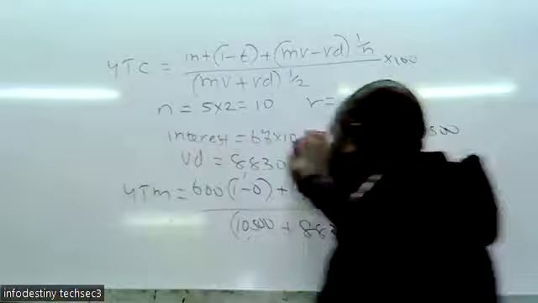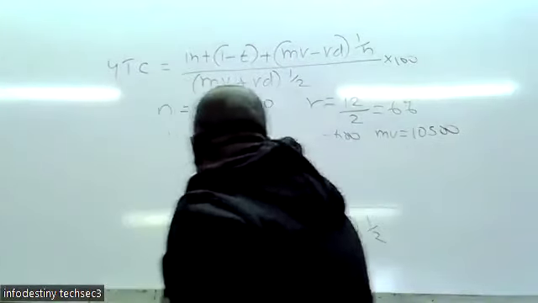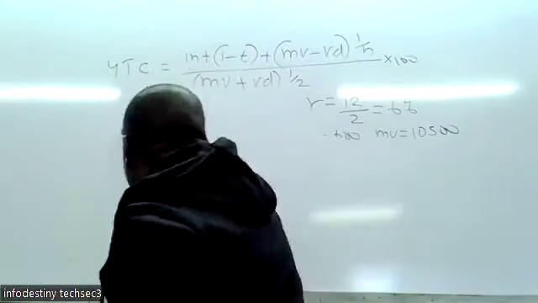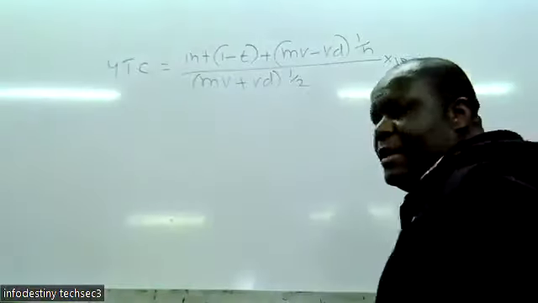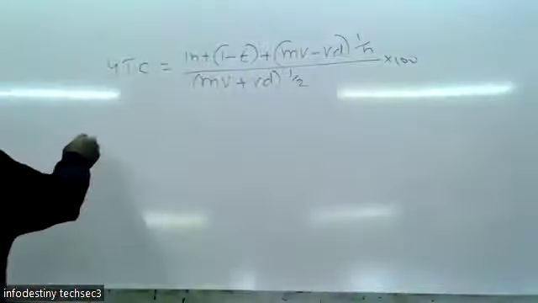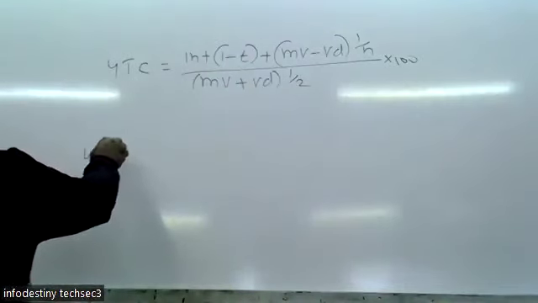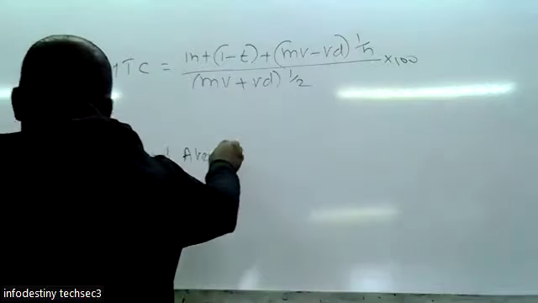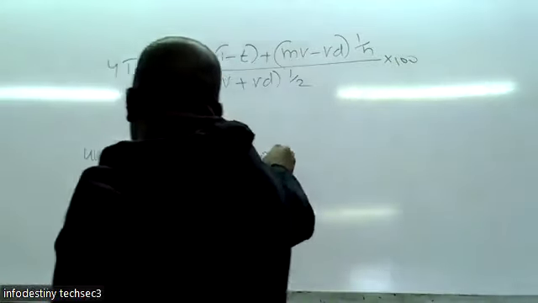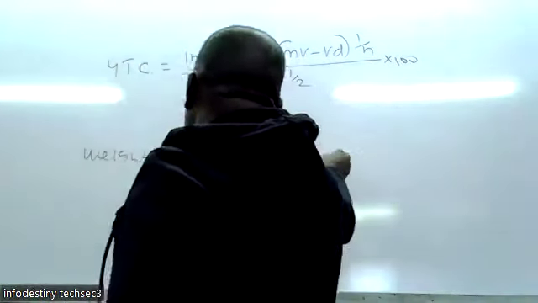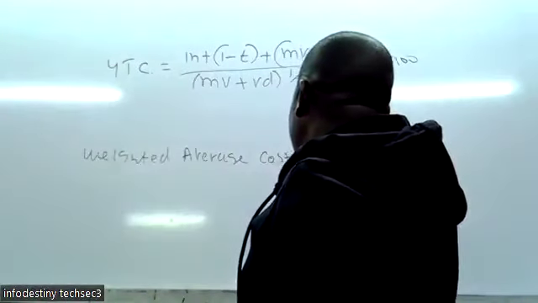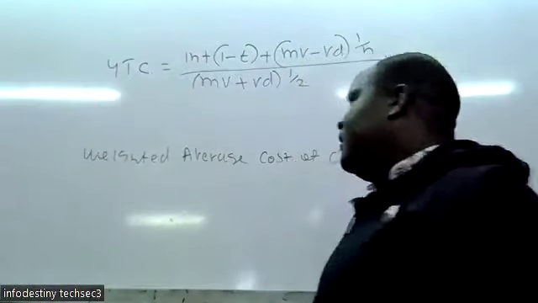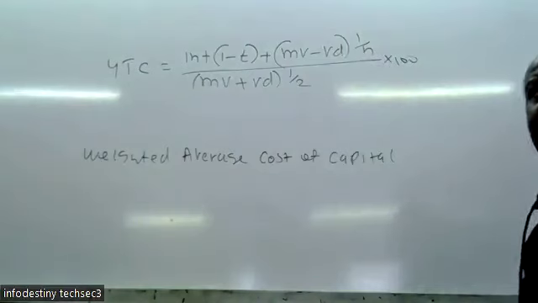So the next part of that topic, we need to know something brief about a subtopic: the weighted average cost of capital.